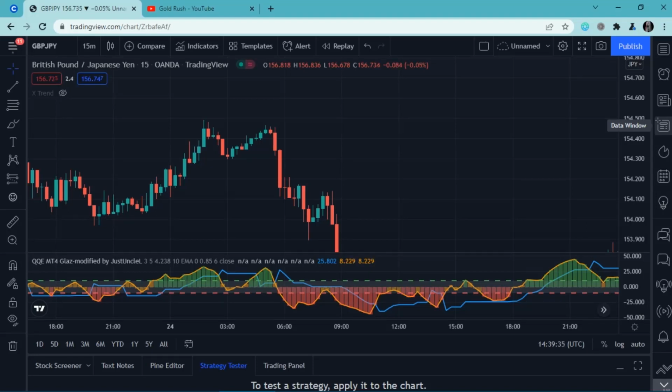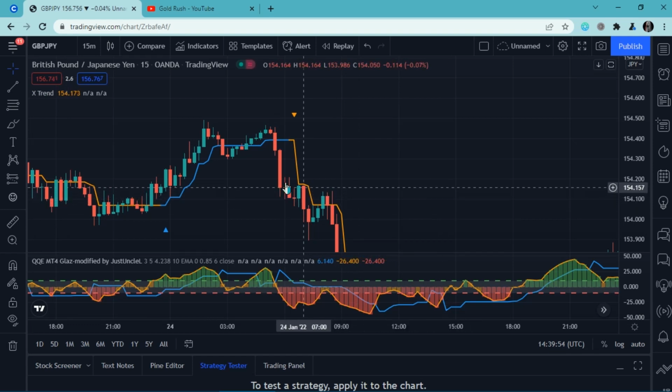That's basically what this QQE MT4 class modified is for. So I'm going to show you how we mix the two indicators and how you can make profits from it.